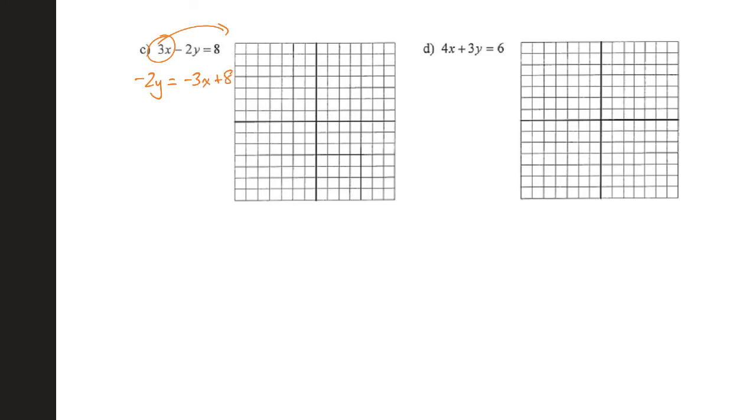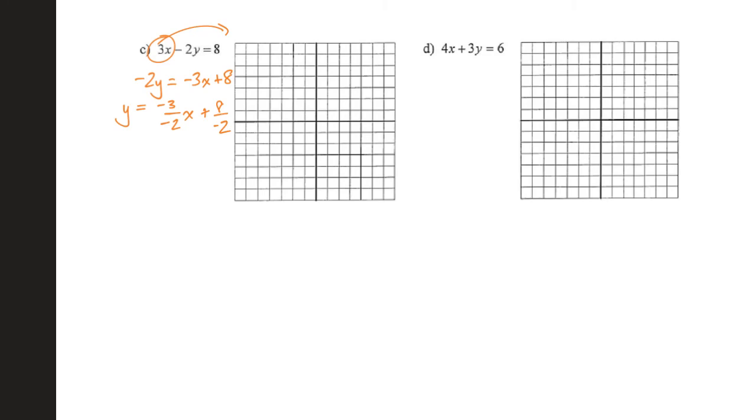I still have my plus 8. Okay, notice my coefficient on my y. It was negative. I didn't drop off that negative. Now to get rid of that coefficient on y, I have to divide out my coefficient. So I'm going to divide both terms on the opposite side by -2.